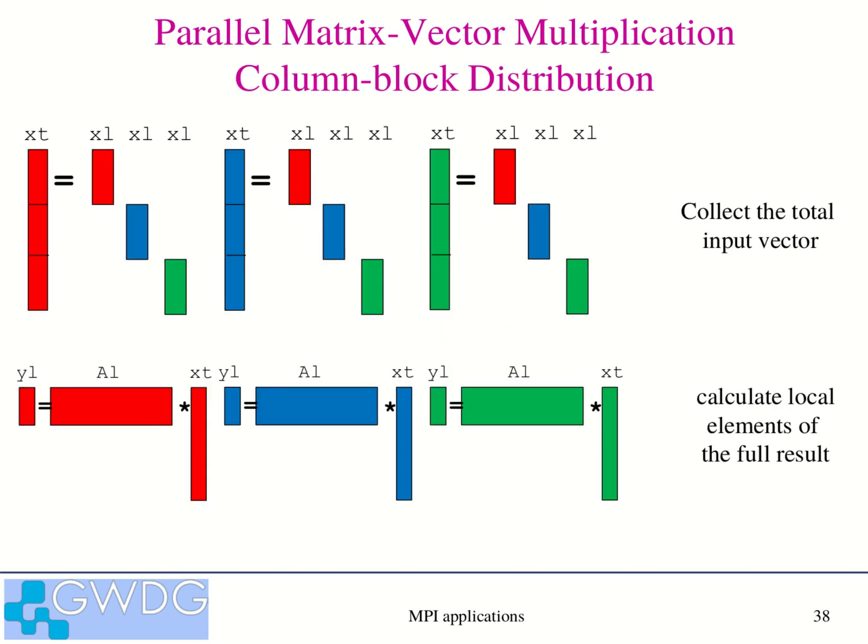What you have to do is, in every process, combine all the local parts of the input vector to a total input vector. And then you can use this total input vector, which is the same on every process, of course, to produce the different parts of the result vector using the rows you store locally.